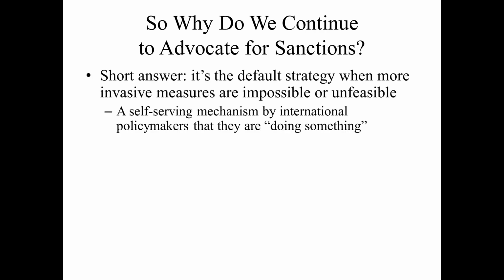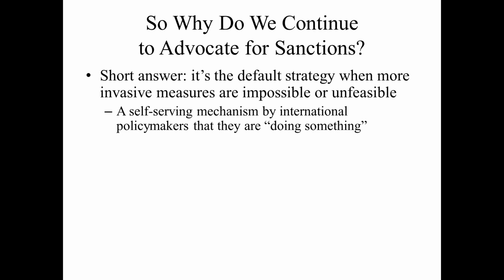Well, the short answer is, it's the default strategy where more invasive measures are impossible or unfeasible. So even though we know that sanctions are not going to produce what we want them to do, it's what we've got right now.